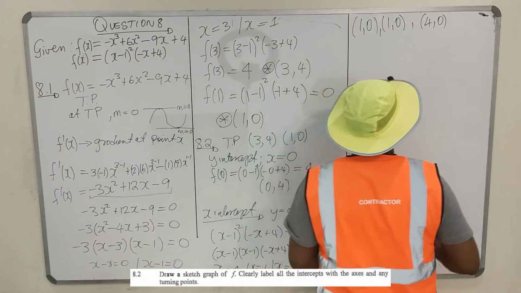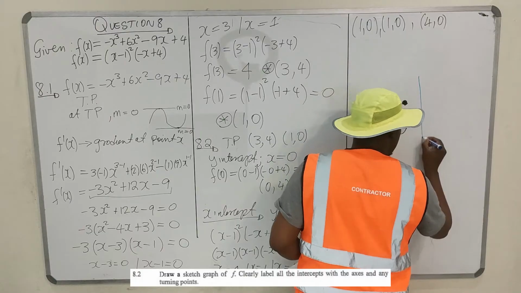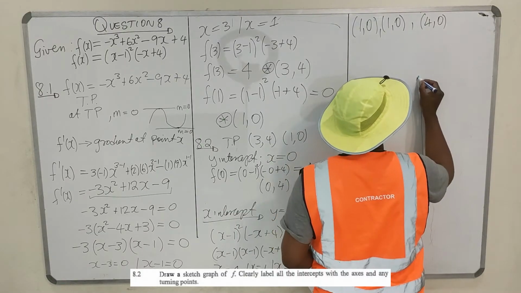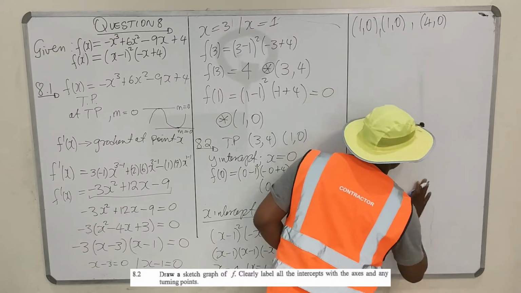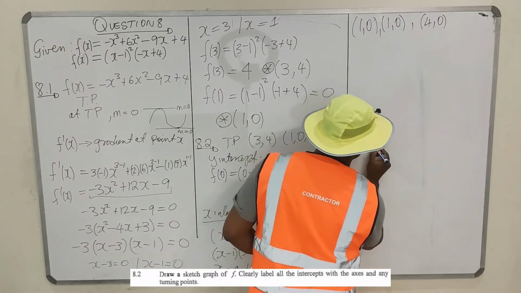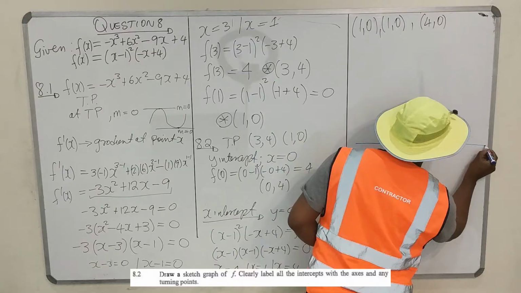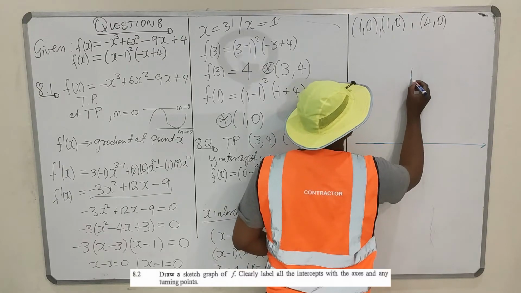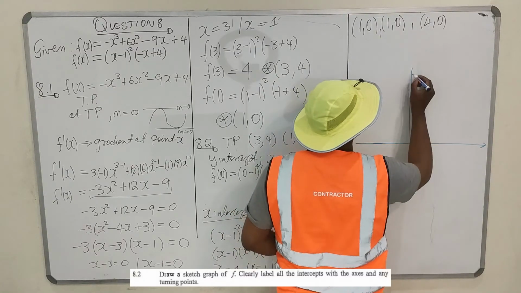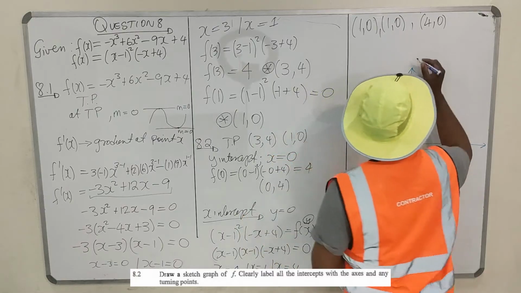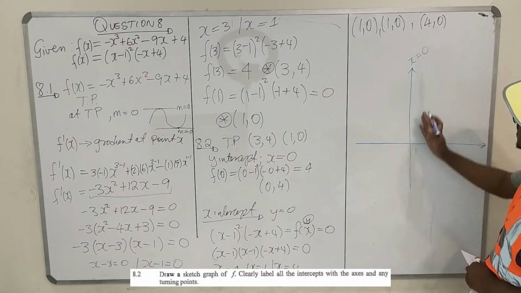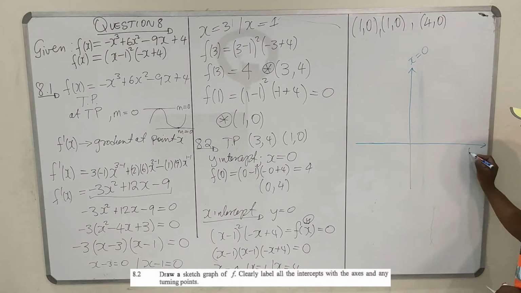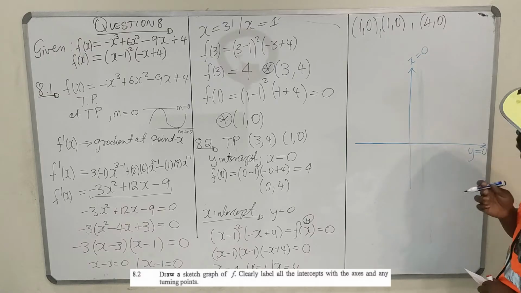So we say our function looks like this. This is the line x is equal to 0, because along this line x is 0, and this is the line y is equal to 0 here. So what do you have?